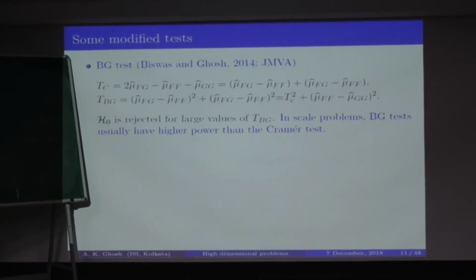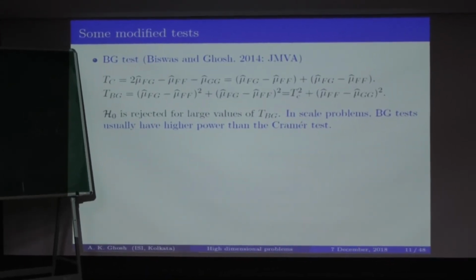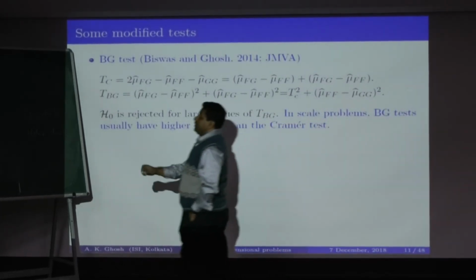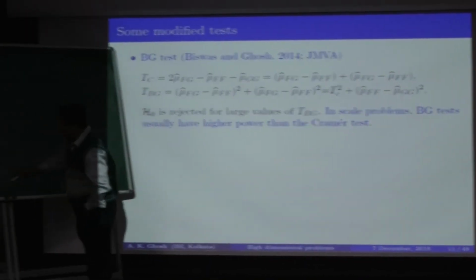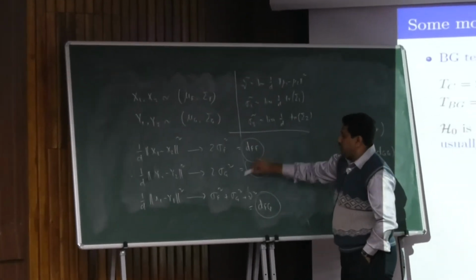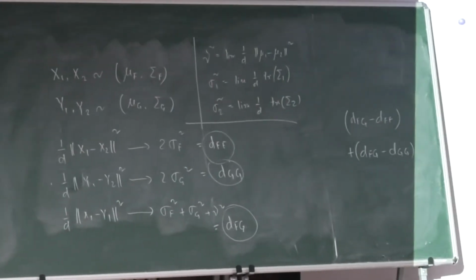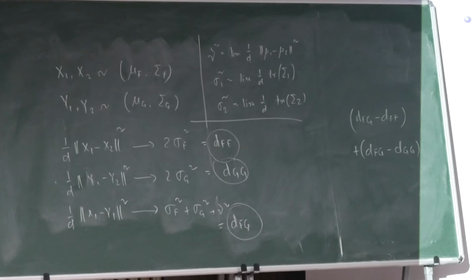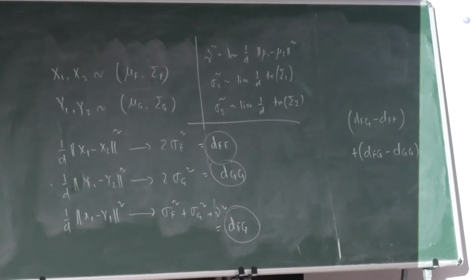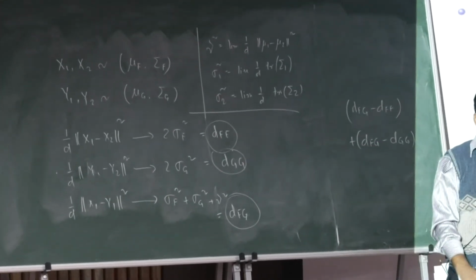So let me see. What we have seen is that if this limiting value, that means the distance between x and y observations, dominates DFF and DGG, that means the limiting values of xx distances and yy distances, then we do not have any problem. But if this one lies somewhere between these two, then we have some problem.